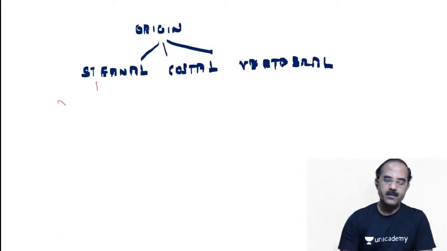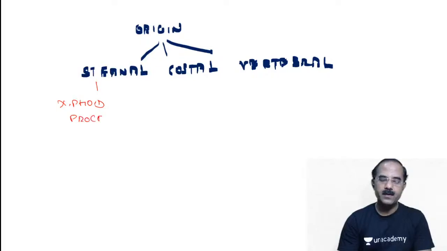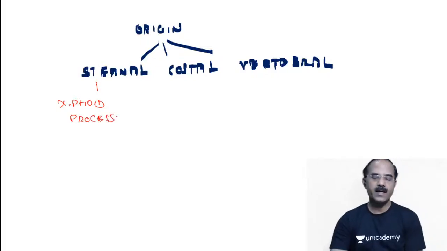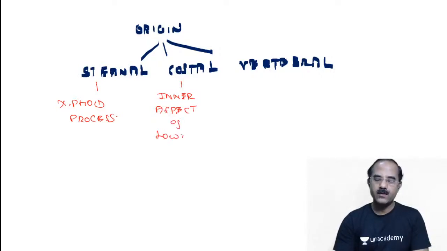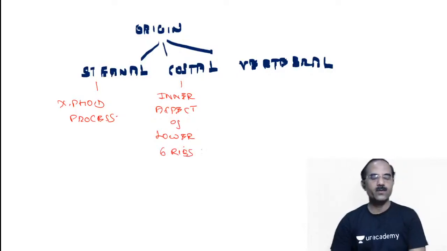Sternal head begins from the xiphoid process. Right. The costal head. Where does the costal head begin from? It begins from the inner aspect of the lower 6 ribs. Very important.